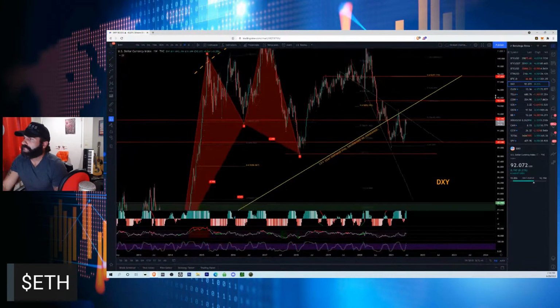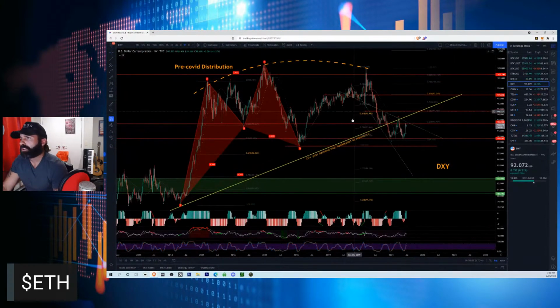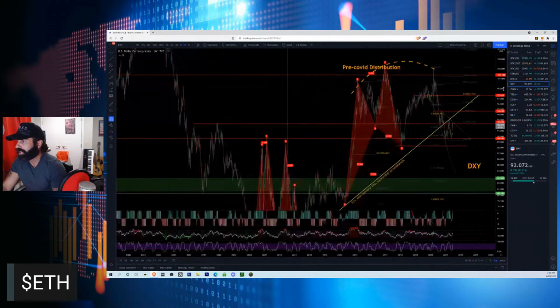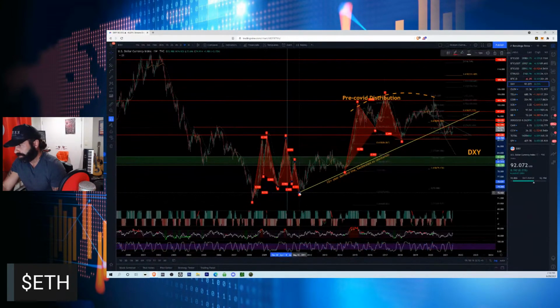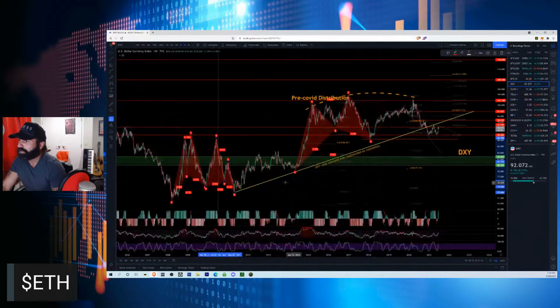We talked about this last week. This is the US dollar currency index. We talked about how we broke this 10+ year demand line. Every time we touched this demand line since about 2011, we would get a bounce, and then we failed.